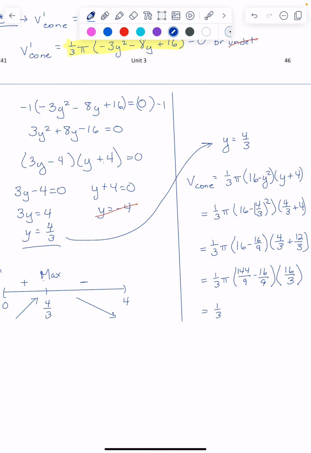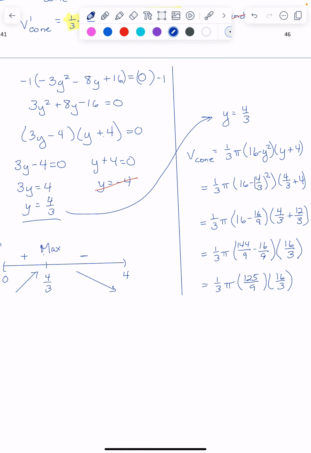I'm going to get 1/3 pi times, if I take the 144 minus 16, I'll get 128 ninths, times 16/3. We can continue. If we want an exact answer, if you multiply all those together, what I'm going to get, let's write the right number, is 2048 over 81. What I did was multiply all my numerators together, multiply all my denominators together, and I leave the pi hanging out there.